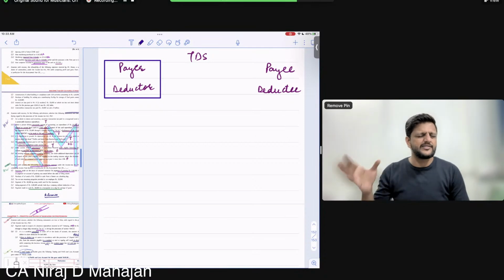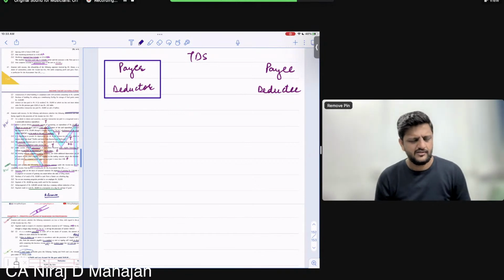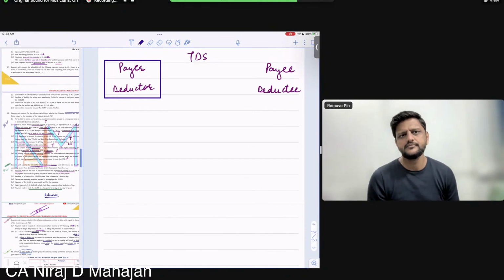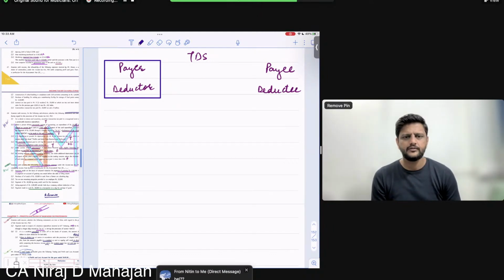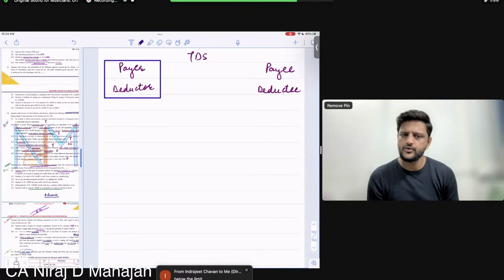If the salary paid by the employer to the employee is 10,000 rupees per month, the employer will not do TDS. Let me ask you the reason why. You can unmute also. Correct, Nitin. Good answer. Correct, Indrajit. So I think all of you understood.